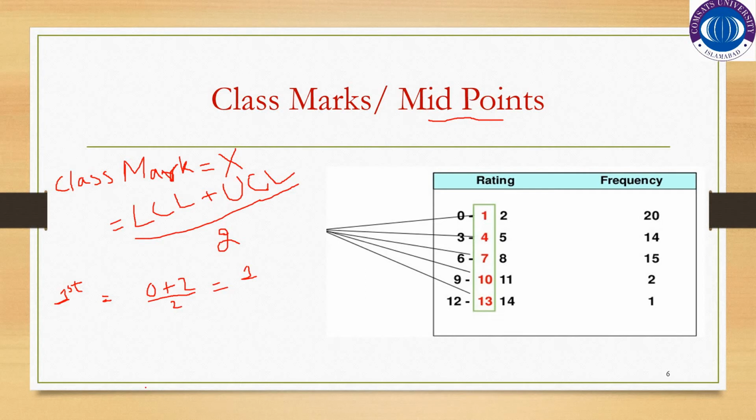For the third class, we have 6, the lower class limit, plus 8, the upper class limit, divided by 2, which is equal to 14 divided by 2, which is equal to 7.